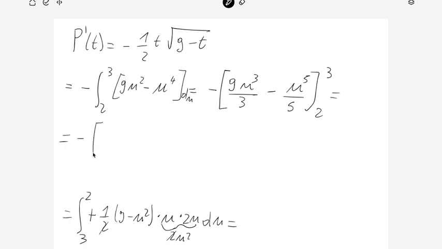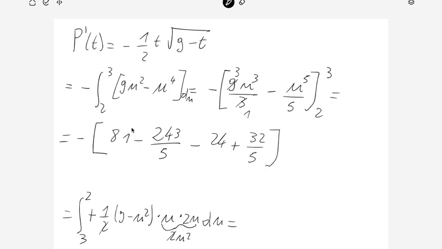So minus, when we have 3, we can simplify, of course, here. So 3u to the 3, this is 81 when u is equal to 3, minus 243 over 5, minus 24 plus, when we put 2, 32 over 5.